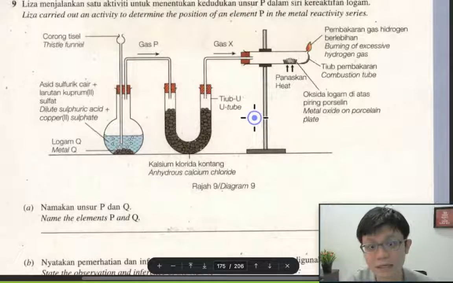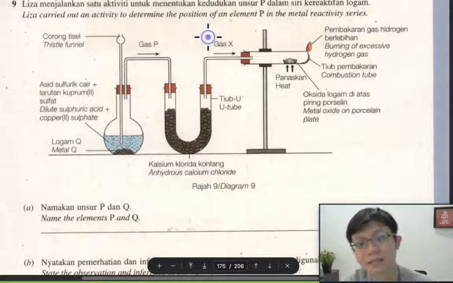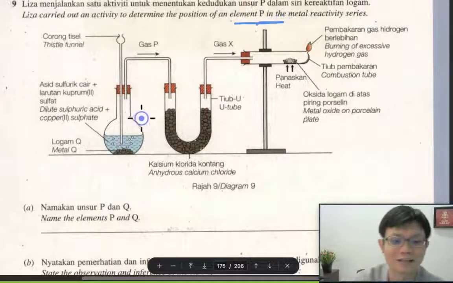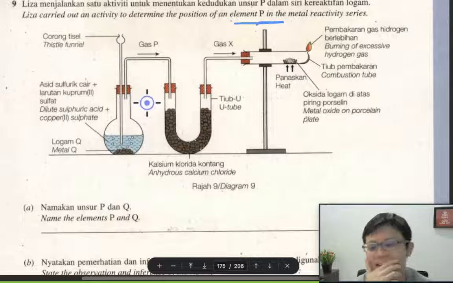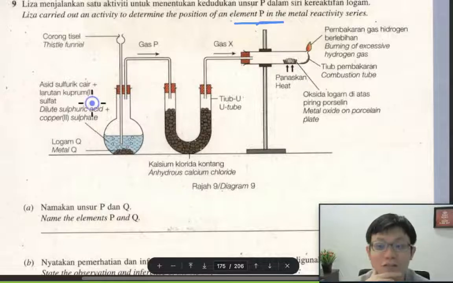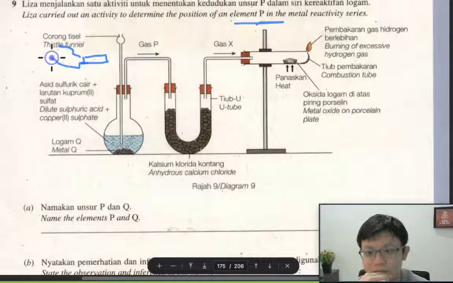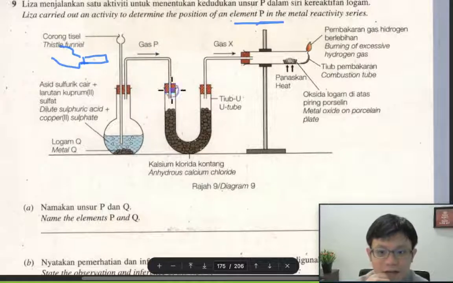So usually this one is to test the position of element P. I thought this one was the smoking one. If you see the smoking one, it is also something like this, only they need to put a smoke here, and they want to test whether it has tar.